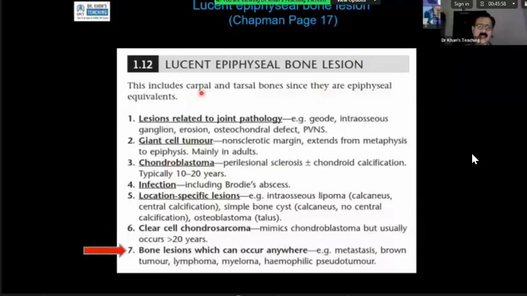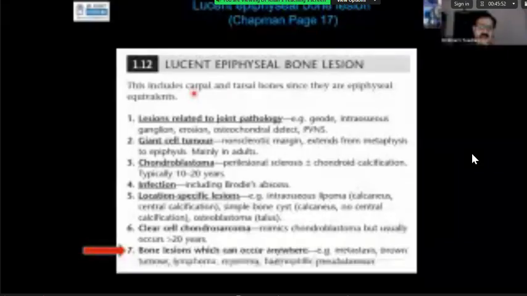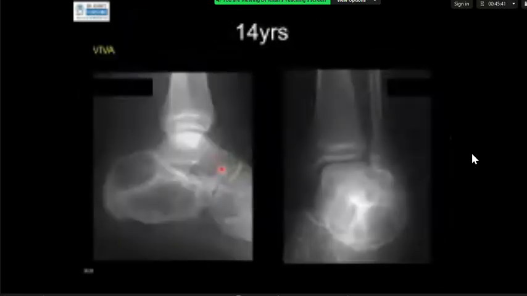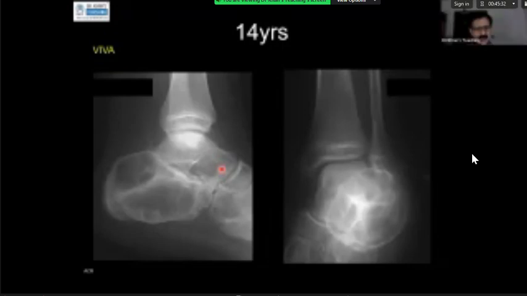I always tell you that in Chapman, one line can save a case for you, and this is the concept: tarsal bones, all of them are considered epiphyseal equivalent. So you are in a way fine. I'll definitely like to keep chondroblastoma in the differential. Chondroblastoma will cause this expansile type of appearance.